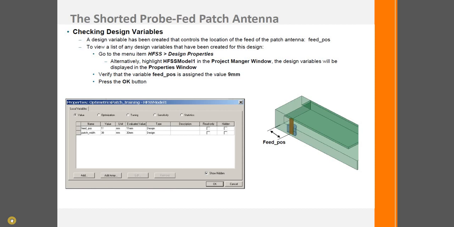As we know, the HFSS example has defined the feed position as a variable that you can see in the properties window, where the value is 11 millimeters. And by going to the HFSS toolbar and selecting design properties, you can see the properties window, and the feed position is defined with the value of 11 millimeters.